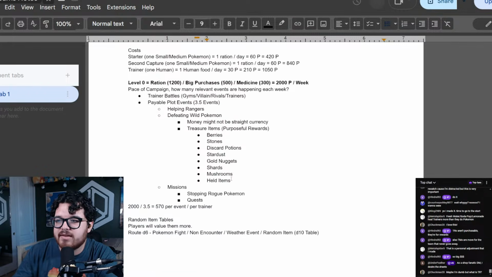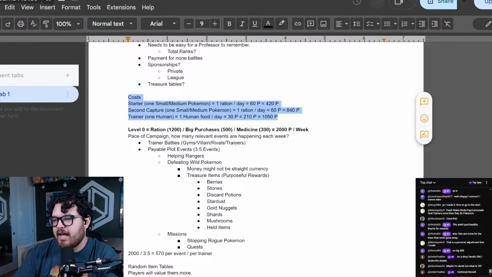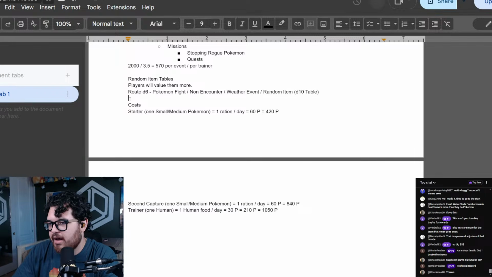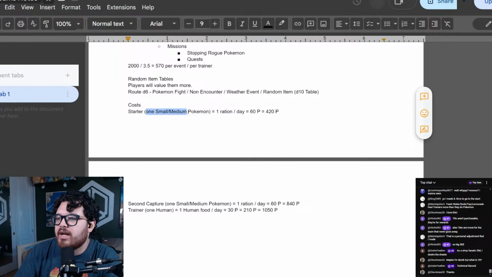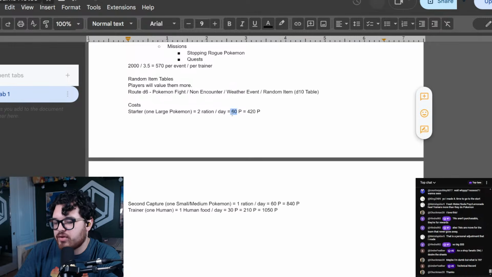Ideally, as part of this, I'd like to do a base sort of exponential thought where it's like, okay, let's do this same math that we did up here, but for a high-level trainer. We're going to assume now my starter is a large Pokemon, which actually needs 2 rations a day, because let's say like Blastoise, something similar.